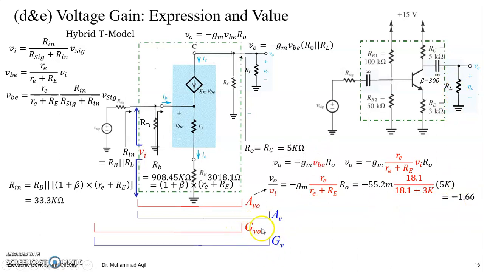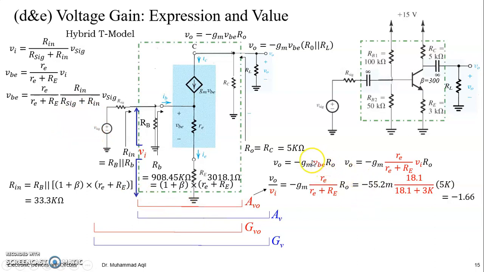Now let's find out the value of GV naught. So GV naught is the output voltage again at the output of the stage, not including RL, right? So we consider the same V out relation up to here excluding RL, but GV naught will be equal to the output voltage with respect to the input of the signal source, right?